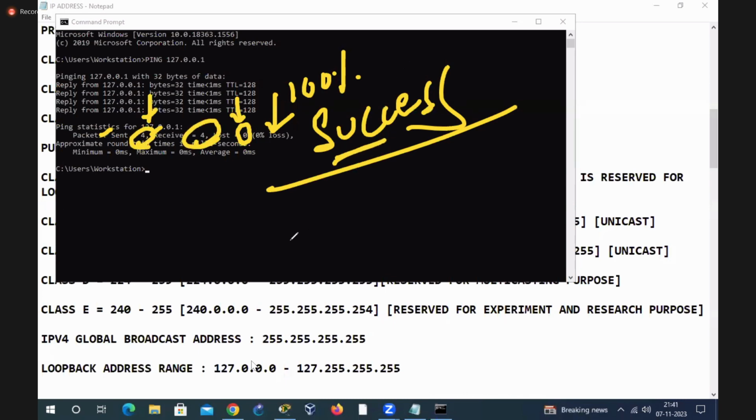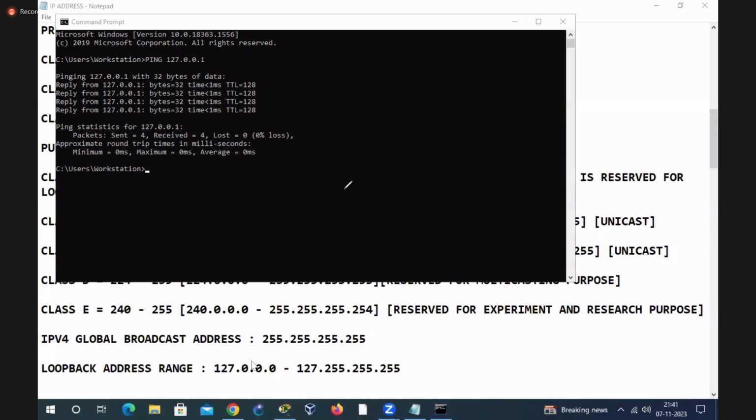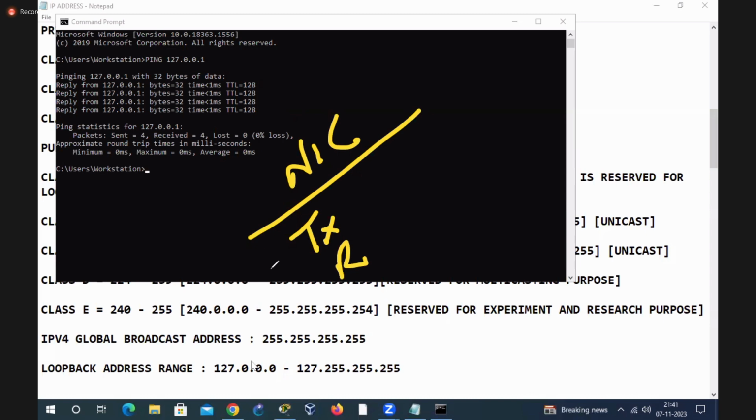It means your NIC is working. So how can I say my NIC is working? First of all, the NIC has two channels, the TX channel and the RX channel. Whether the TX channel is working, we can verify from the sent count, which is a non-zero value.